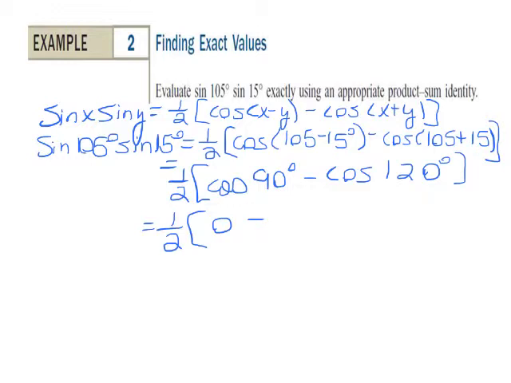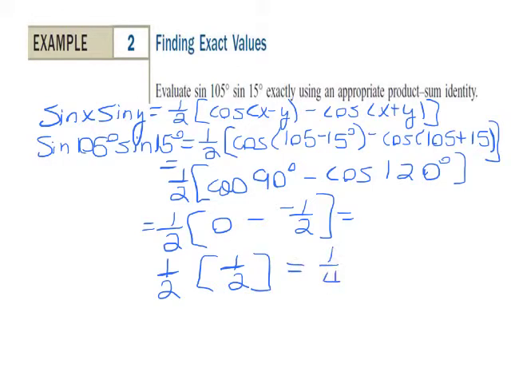That's going to be in the second quadrant. So we're talking about the 60-degree angle, and the cosine of a 60-degree angle is negative 1/2 because it's in that second quadrant. So now we've got 1/2 times 1/2, and our final answer is 1/4.